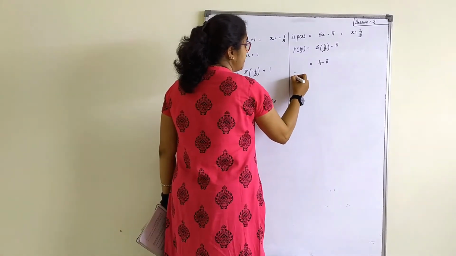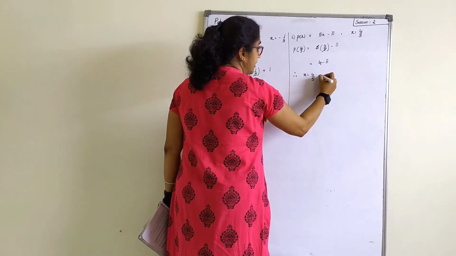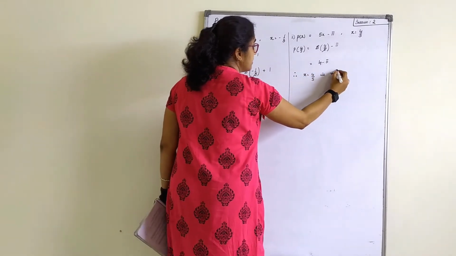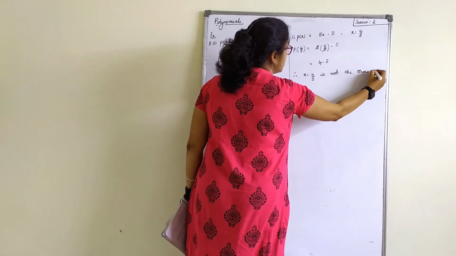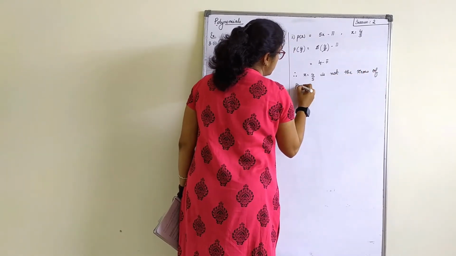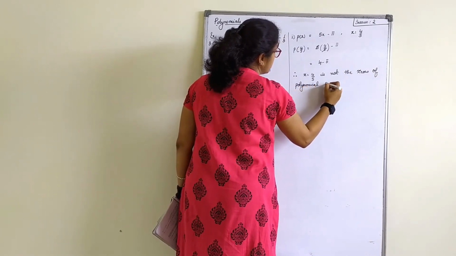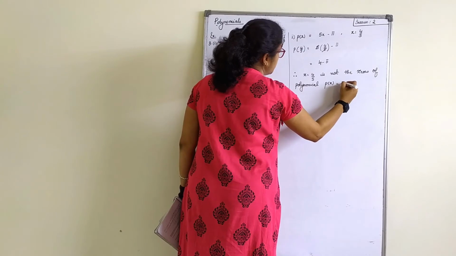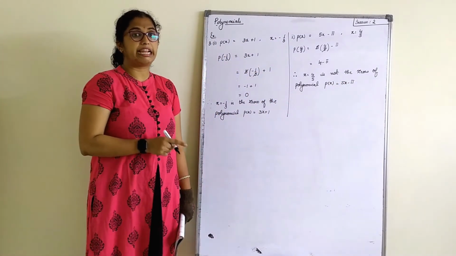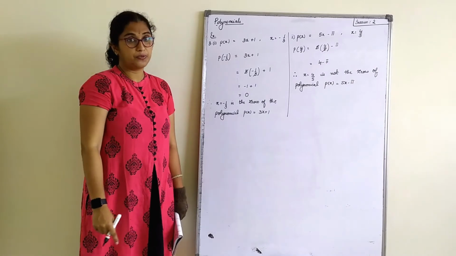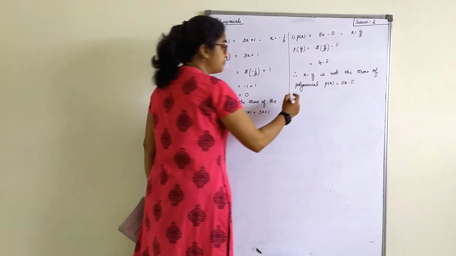No. Therefore, x is equal to 4 by 5 is not the 0 of the polynomial P of x is equal to 5x minus pi. This is a compulsory statement that you have to write. Is it very clear?